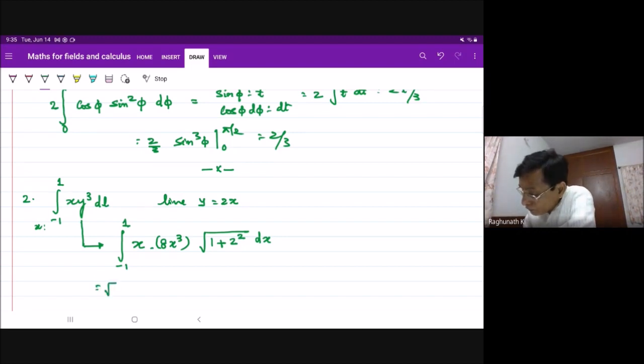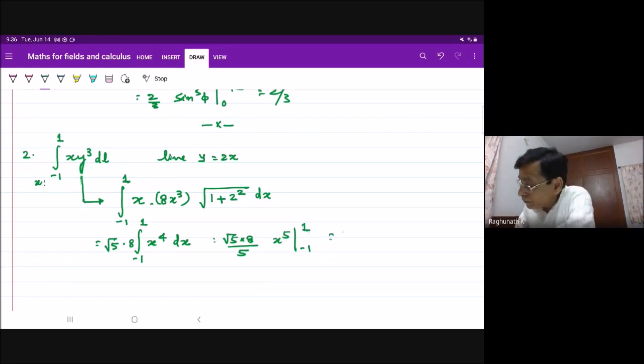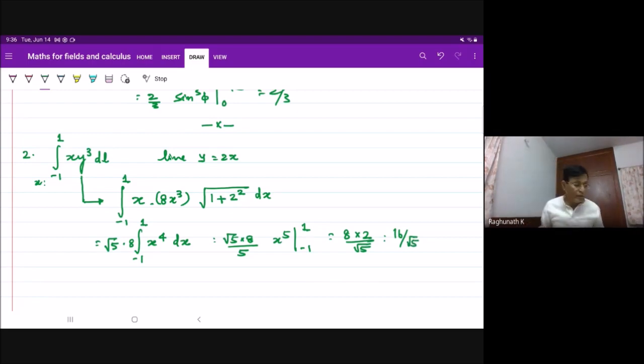That is root 5 times integral from -1 to 1 of 8x to the power 4 dx, which is root 5 into 8 by 5 x to the power 5 from -1 to +1, which is 2. So 8 into 2 by root 5, 16 by root 5 is the answer. Check it.